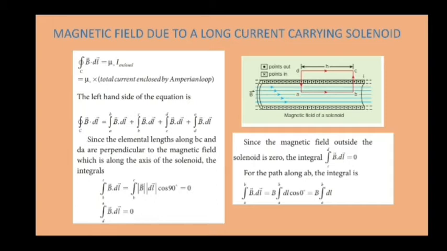Then the element lengths along BC and DA. BC and DA பாருங்கம்மா எப்படி இருக்கும் அப்படின்னா perpendicular to the magnetic field, which is along the axis of the solenoid. So the integrals எப்படி இருக்கும் அப்படின்னா B to C, the integral of B to C B vector dot dl vector is equal to integral of B to C the modulus B and modulus dl into cos 90 degree, that is equal to 0.